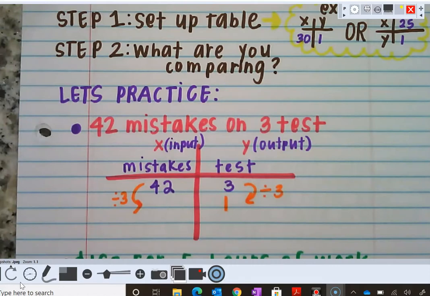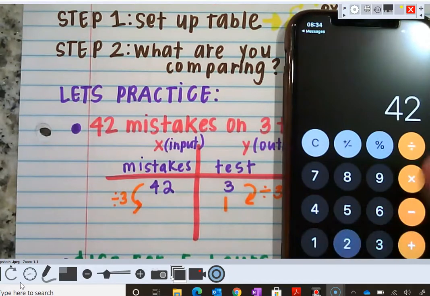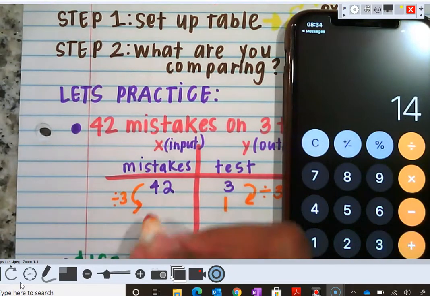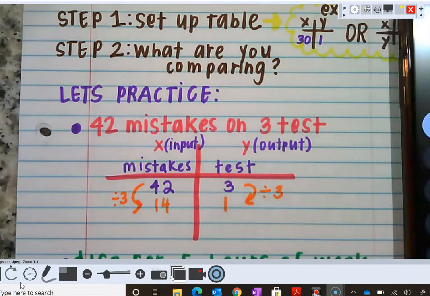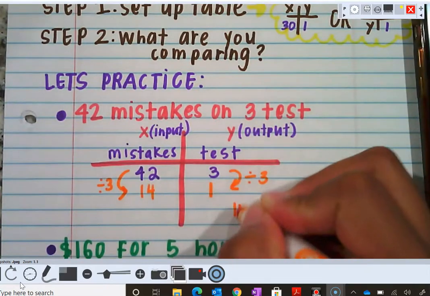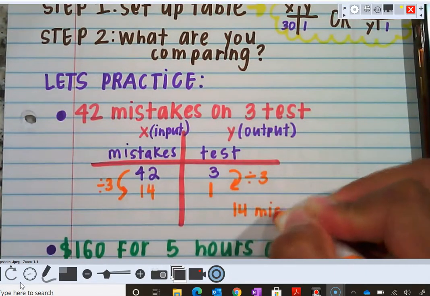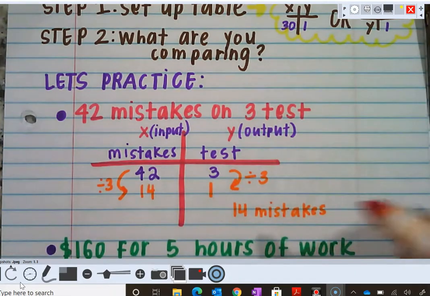So we're done with unit 1. You can bring out your calculator. We have 42 divided by 3, and I get 14. So our answer here for this unit rate is we have 14 mistakes per test.